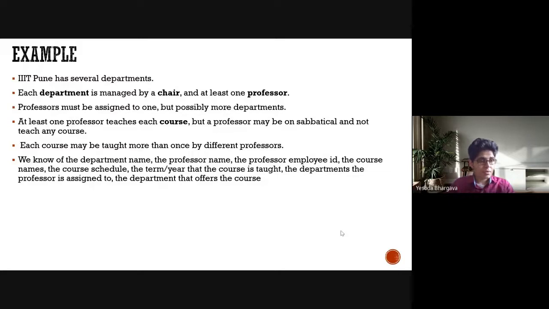Yeah. So lecturers could be your classes. We would call them professors. In this particular example, students could definitely be classes, and departments. Yes.